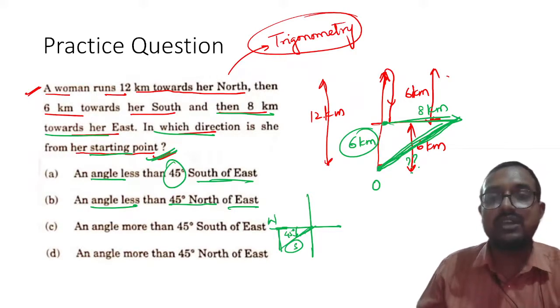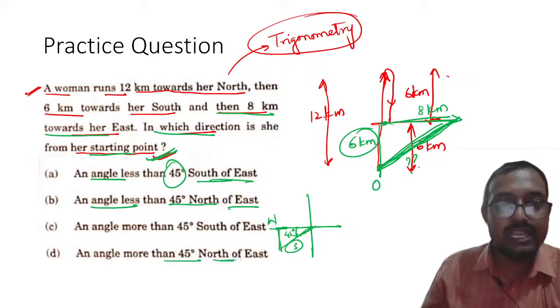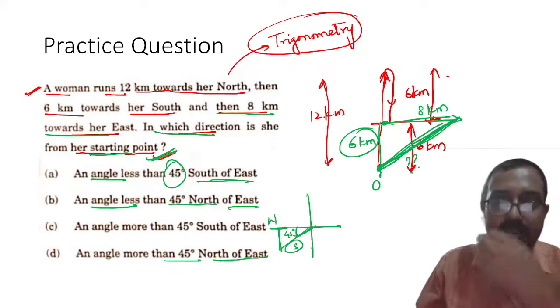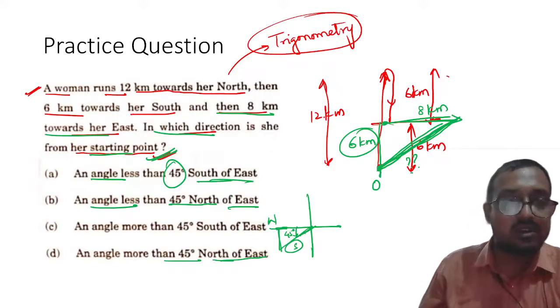So here what we are doing here, can you tell? Option D is the possible. Okay, angle more than 45 degree north of east. So you are saying north of east, right? Now the question will be from where you will draw the reference point.